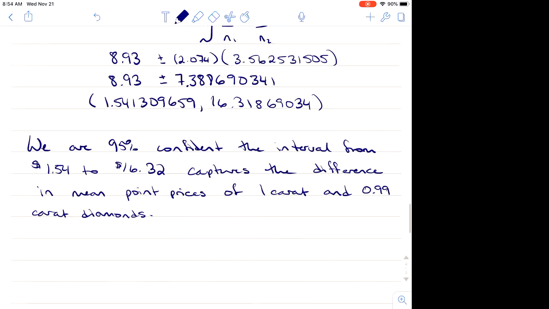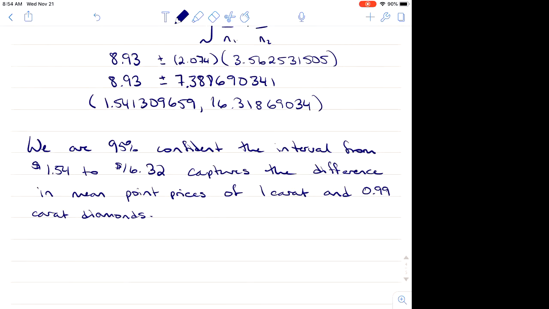So what does this mean in terms of the hypothesis, right? Are they the same? No, because for the difference in mean point prices, we're 95% confident that both of these values are above 0. So because our interval is consistently above 0, the 1 carat diamonds, just looking at how we found our differences, are consistently higher priced per point than the 0.99 carat diamonds.